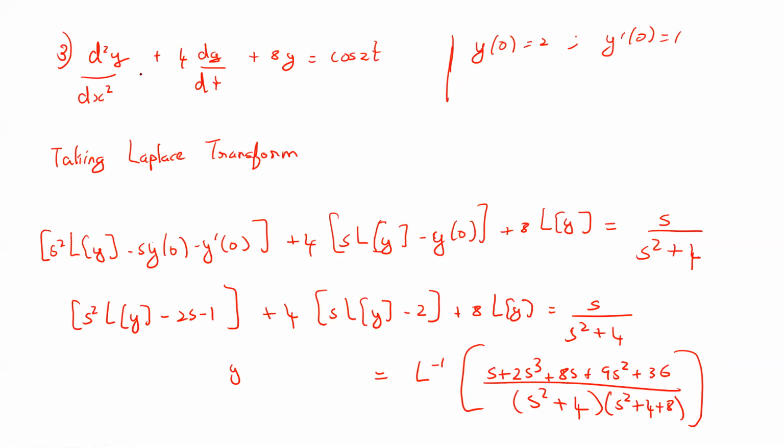The fraction that we have is 2s cubed plus 9s square plus 9s plus 36 divided by s square plus 4 and s square plus 4s plus 8.